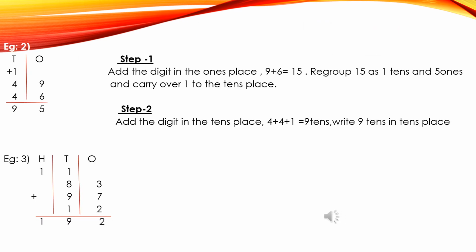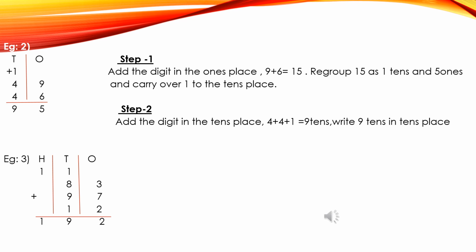Example 2, addition with regrouping. I have given two numbers, 49 and 46. You have to write them in the place values. That is 9 in the ones place and 4 in the tens place, 6 in the ones place and 4 in the tens place.